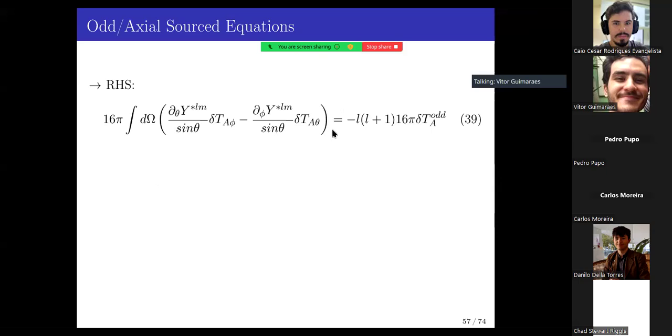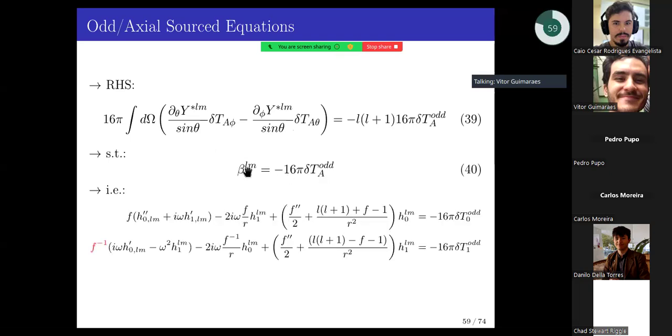We are separating them using the orthogonality properties, okay? So this relation here will also yield L times L plus 1, because it is also a vector relation of the orthogonal properties. In such a way that we get this set of equations, we have two equations here for A equal to 0 and A equal to 1, which become like this, right? This is beta 0 and this is beta 1.